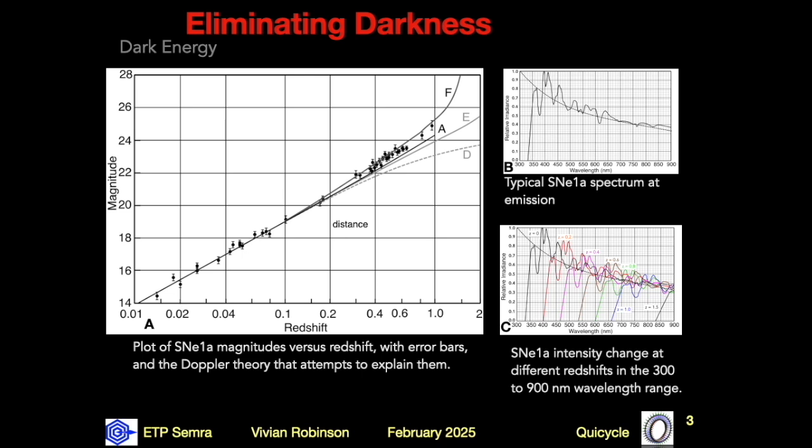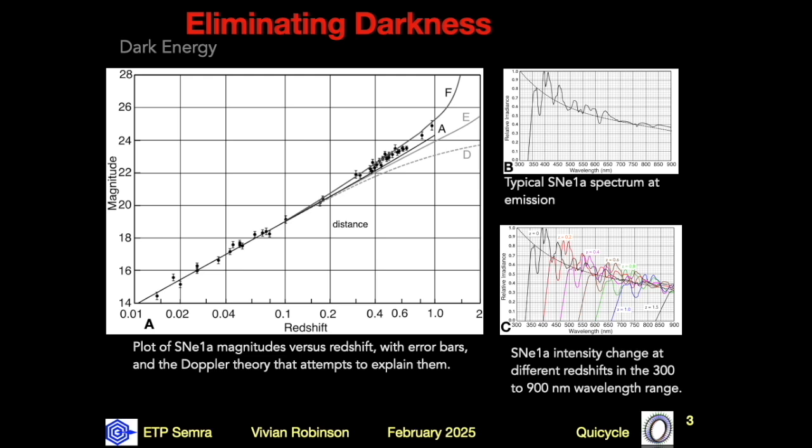Figure C shows what happens when a spectrum is redshifted through different amounts. The overall intensity is reduced, and the amount of the spectrum under 900 nanometers diminishes. At zero redshift, all the spectrum in B is detected and is included in its magnitude measurement.